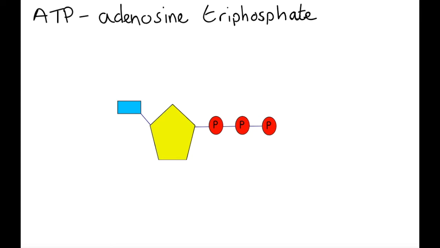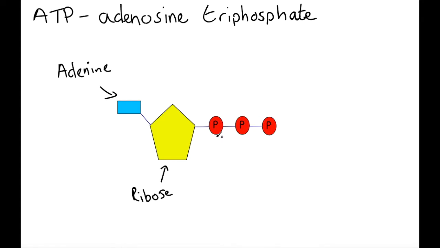You have your adenine, which you may recognize from DNA and RNA. Okay, this is this little thing here. You have a ribose sugar, which is here. Okay, ribose sugar, which again you recognize from RNA.